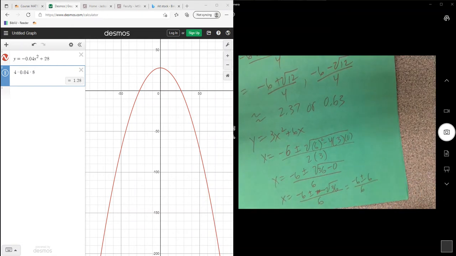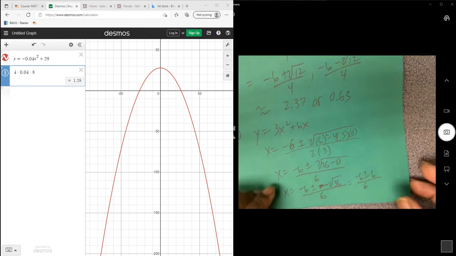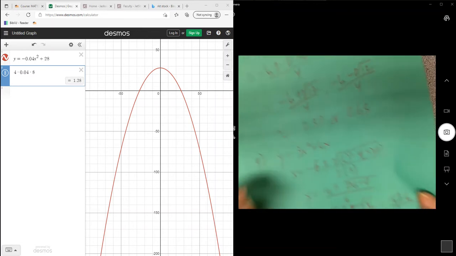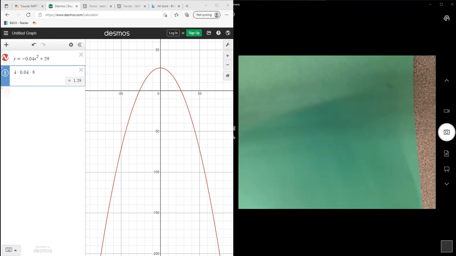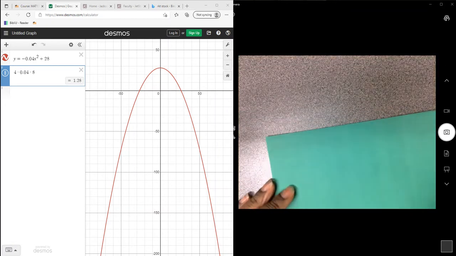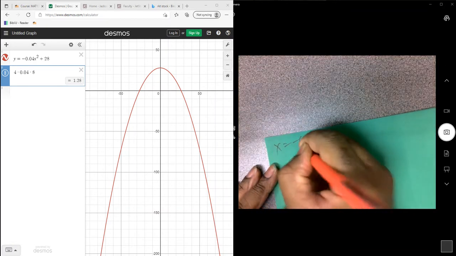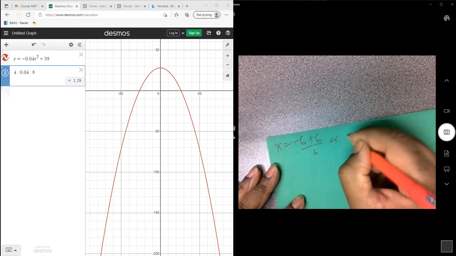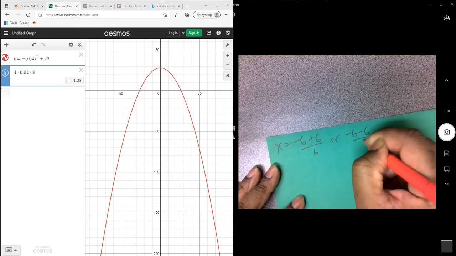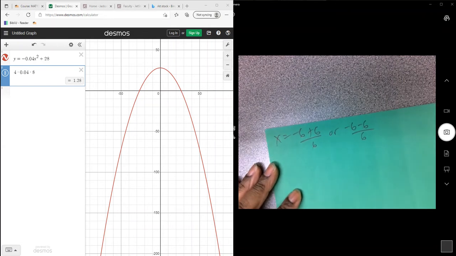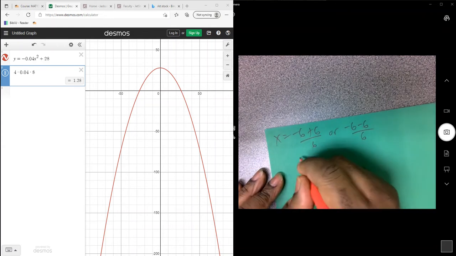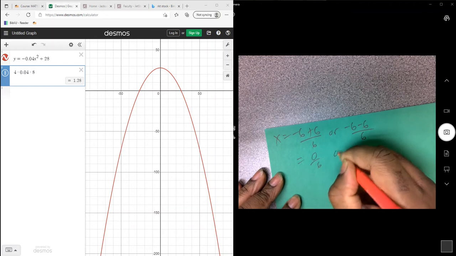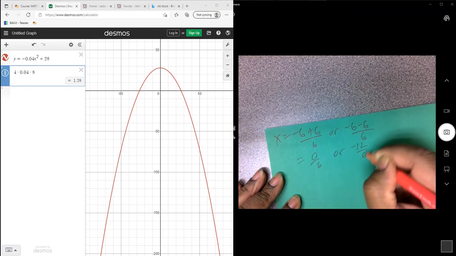Now, when we separate this, I'm going to have to go over to another page here. -6 plus 6 over 6, or we would have negative 6 minus 6 over 6. So this will give us 0 over 6 or negative 12 over 6.